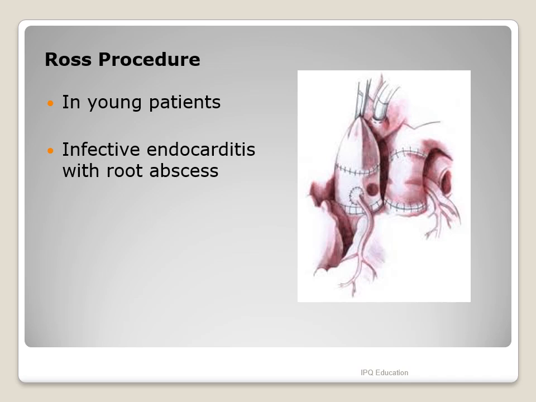The Ross procedure is particularly advantageous in young patients whose body is still growing. It is also used in adult patients who have suffered infective endocarditis, particularly when there is a root abscess.